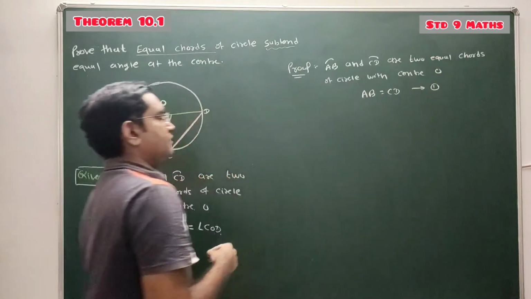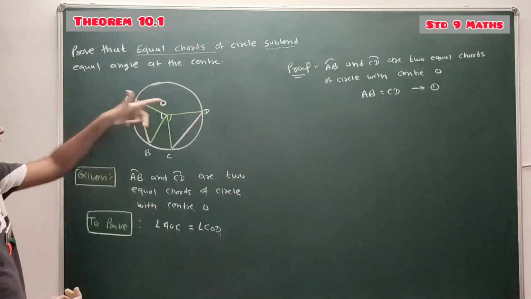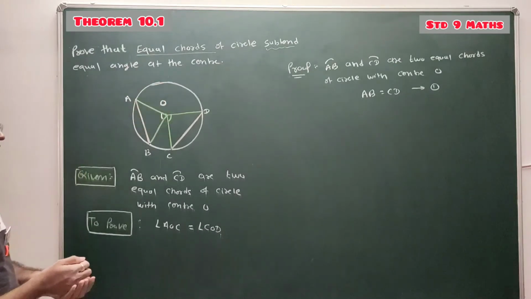Say result number 1. These two chords are equal, their lengths are equal. So AB equals CD.